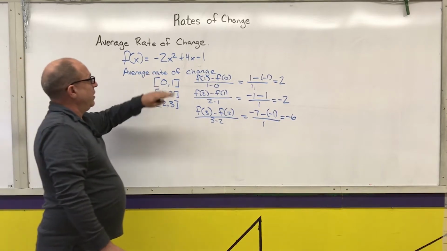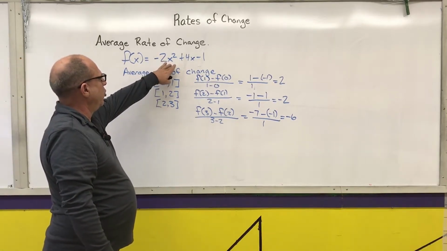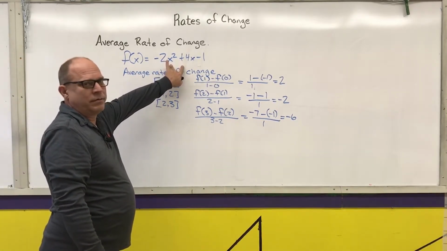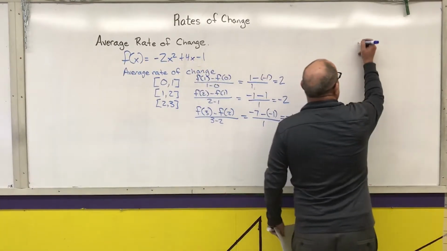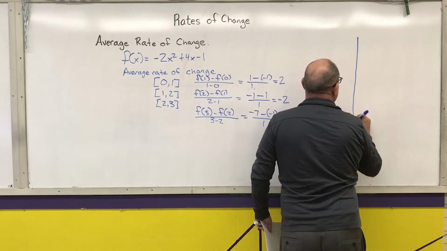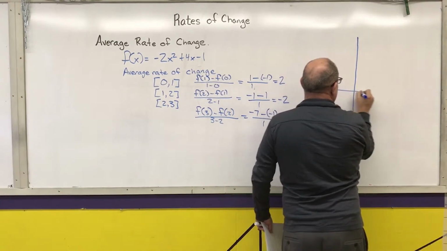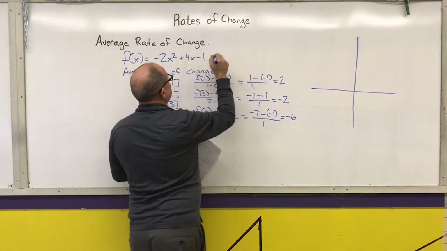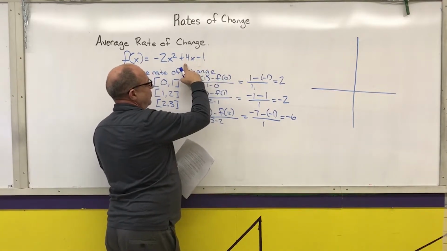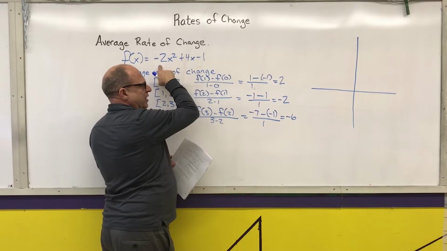And what we're seeing is, I'm going to show you, we're going to graph this. We're going to do our quick college algebra review and come up with a quick graph of that function. So first thing I want to do is find the line of symmetry. Line of symmetry, x equals -b over 2a, is -4 over 2 times -2.